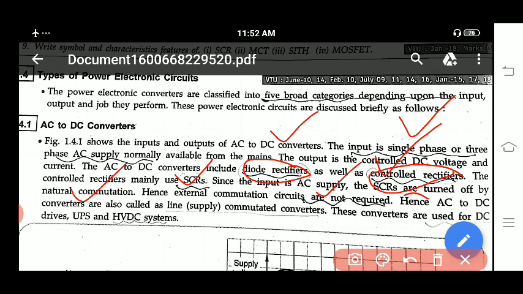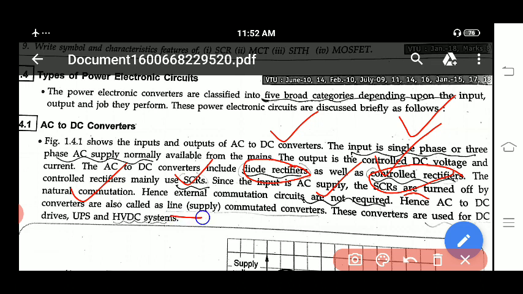Commutation circuit means an external circuit setup which is used to turn off the SCR. Here the AC supply is enough to make this SCR off, because the negative supply of this AC will make reverse biasing across this SCR. So it will make this SCR turn off.